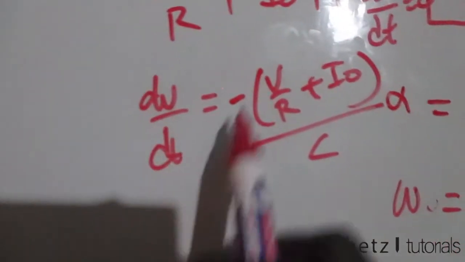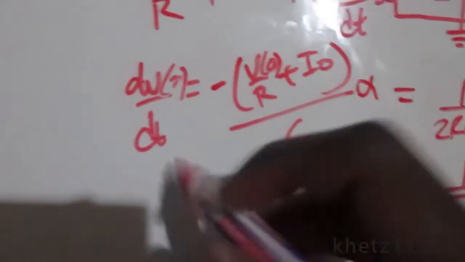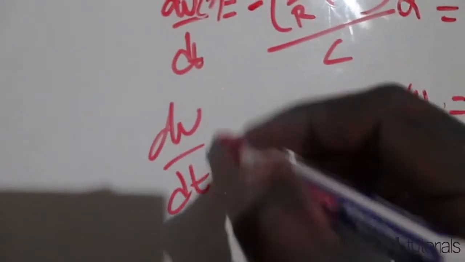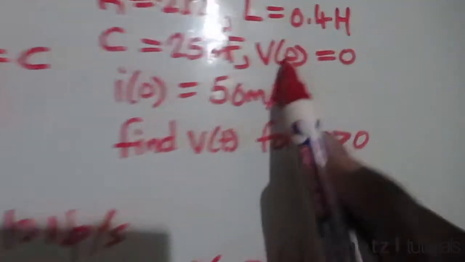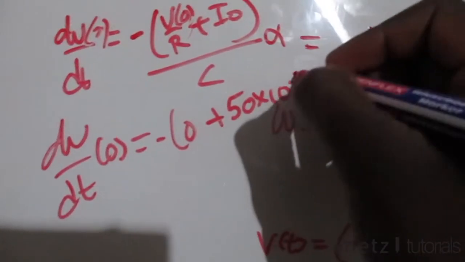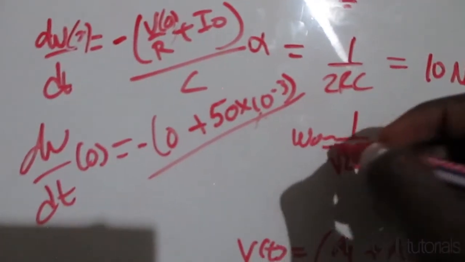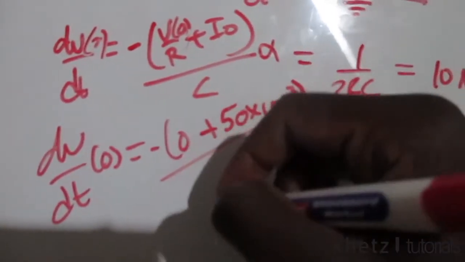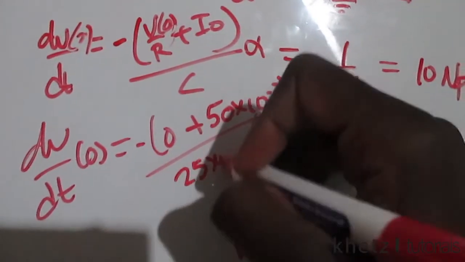Substituting the values which you have for time 0, dV over dt at 0 is equal to, so the value of V at 0 is 0 as given to us in the question. So negative 0 plus I0, and I0 is 50 milliamperes as given to us in the question. Then we're going to divide all of that by C, which is given to us as 25 millifarads.